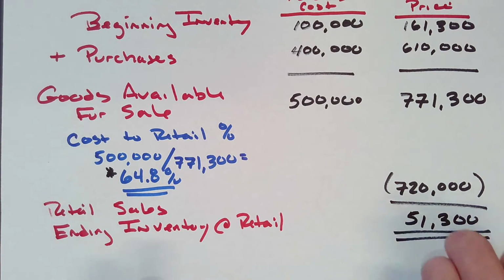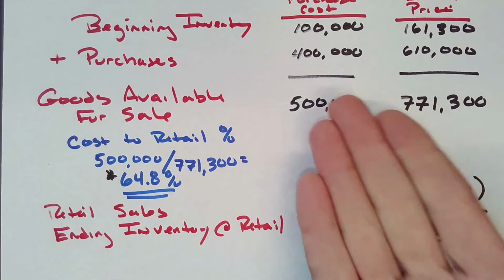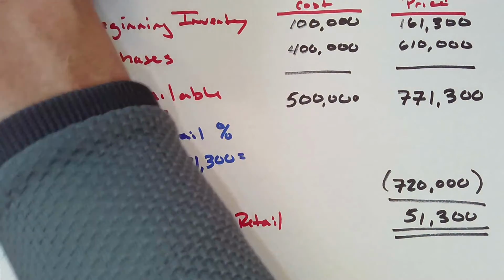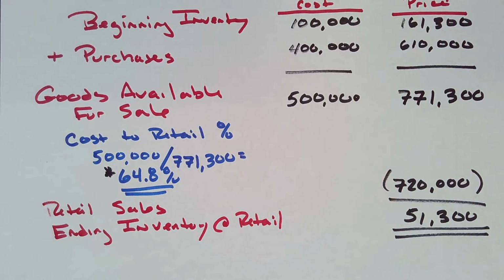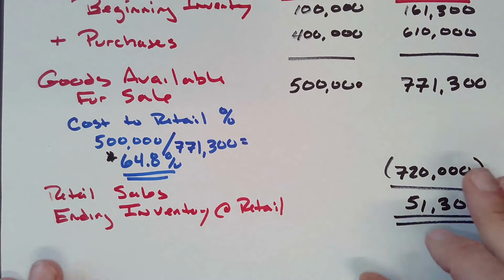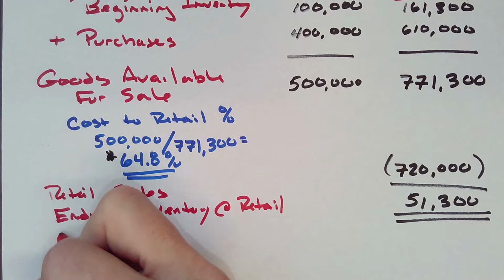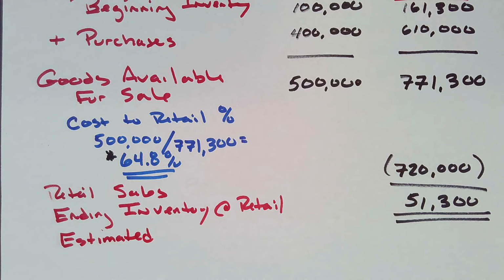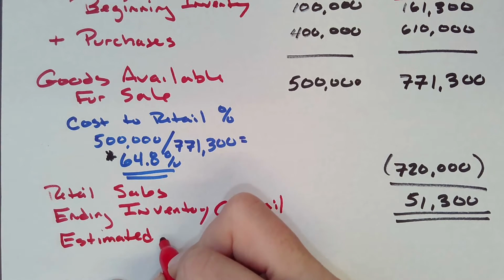So now I've got to come up with, well, what is the cost? What's the cost of this stuff? And you're probably guessing what the next step is. I hope you're guessing what the next step is. So now what we're going to do is we're going to estimate the ending inventory at cost.